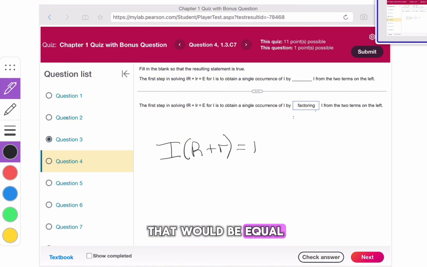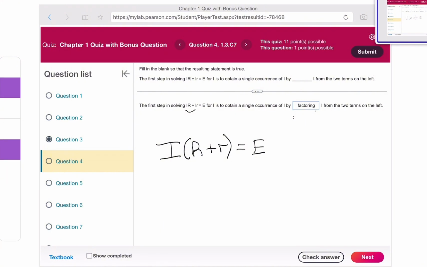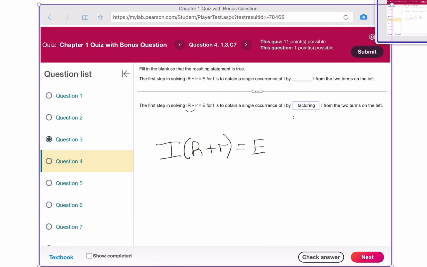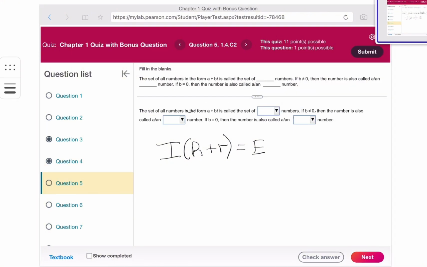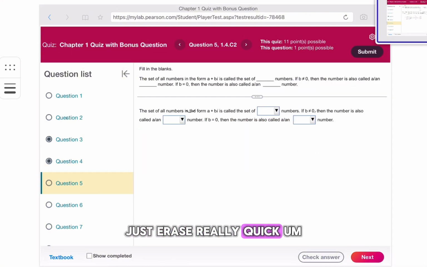And then that would be equal to E. So this would be factoring out the I from both of those terms. Just erase really quick.